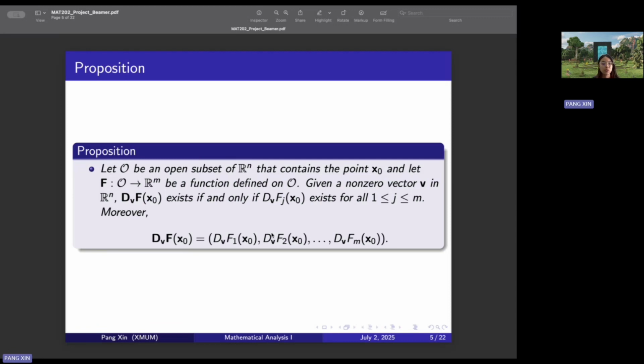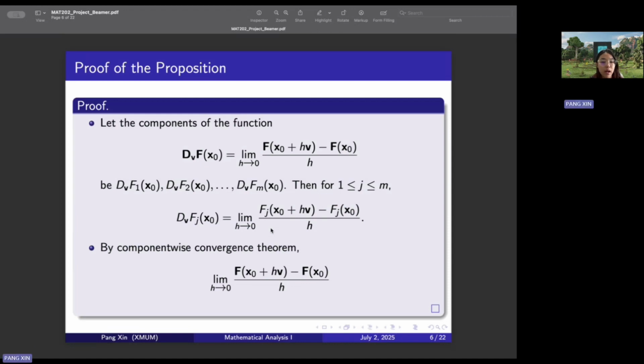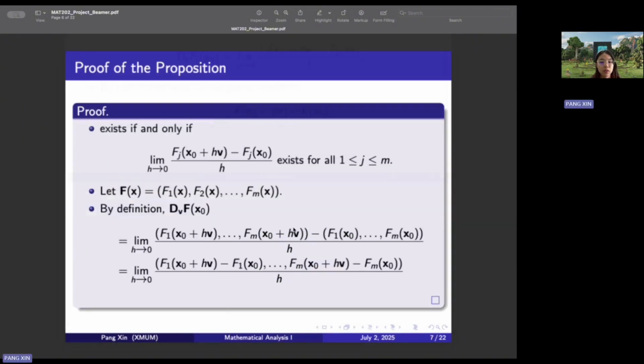The proof is essentially using the idea of the component-wise convergence theorem. So we break down f(x) into components like f1, f2, and so on. The upper one is the vector value one having the definition mentioned above, while this is the component's directional derivative. Then we need to show that if the limit of components exists, then the limit of the whole function exists.